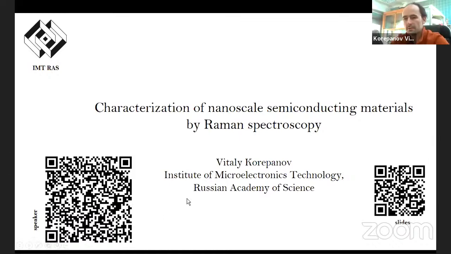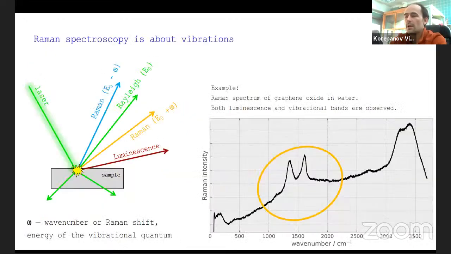Thank you. So my talk is about Raman spectroscopy and especially about nanoscale Raman spectroscopy. I'm practically sure that it is not a good idea to remind an Indian audience what Raman spectroscopy is, but I still will say a few words. What we probe in Raman spectroscopy is the vibrational energy.